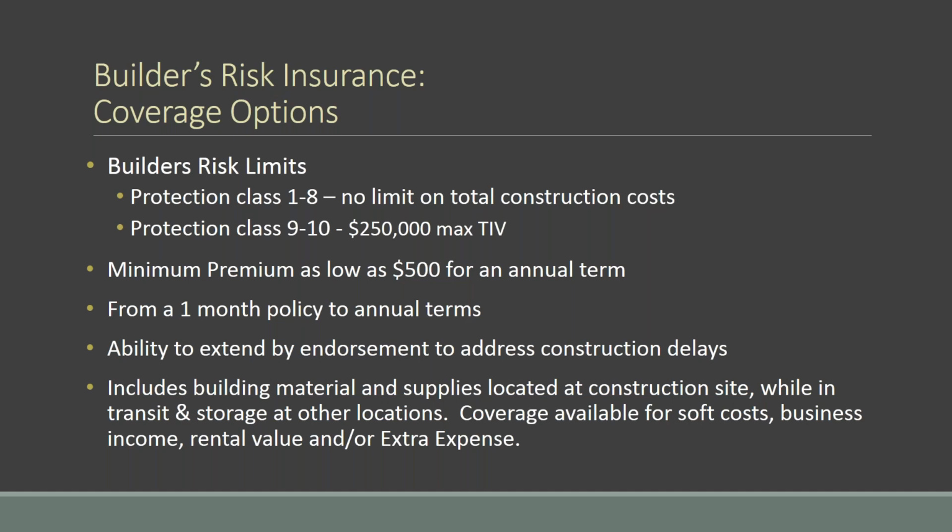We can write from a month to annual terms. We can extend those if we need to, due to construction delays or whatever reason they need. It includes the building materials, supplies located at the construction site while in transit, at storage at any other locations. We also have coverage for soft costs, business income, rental value, with or without extra expense.